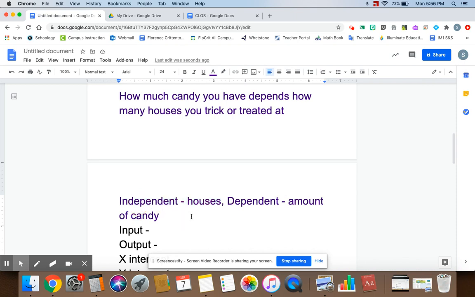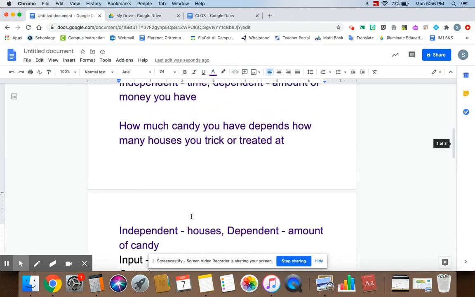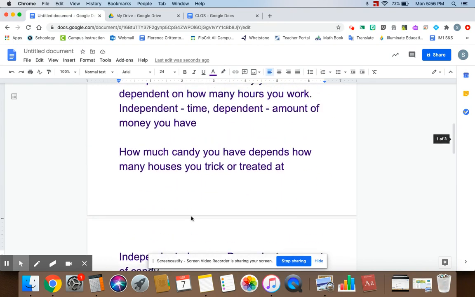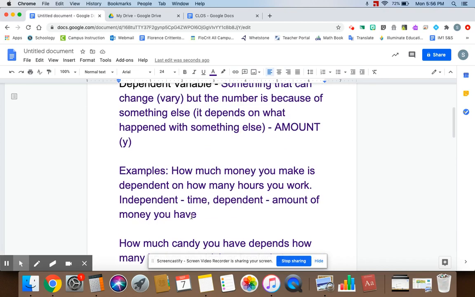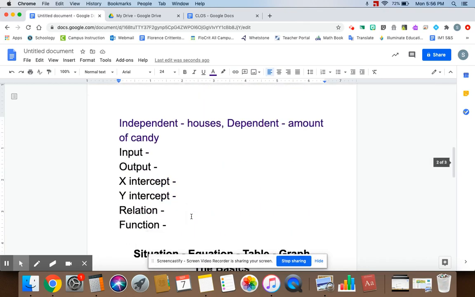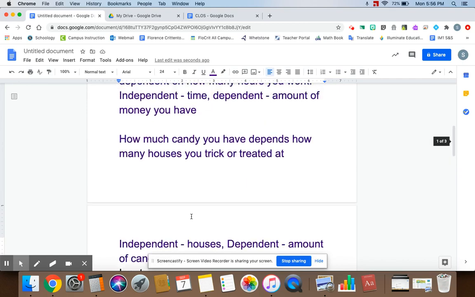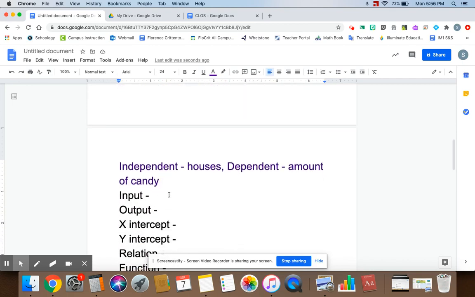So in math, you always have these two things. You have something that's dependent on an independent factor. That's usually time and amount. So then, based on these two things, we come up with the two variables, x and y. And then x and y also have two other names.